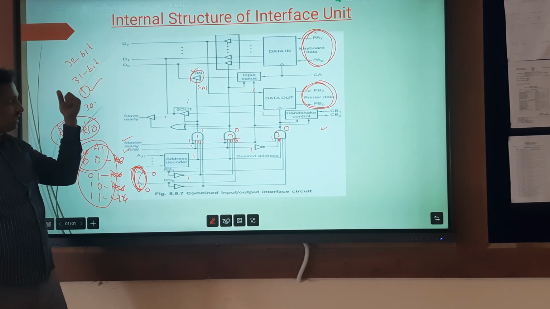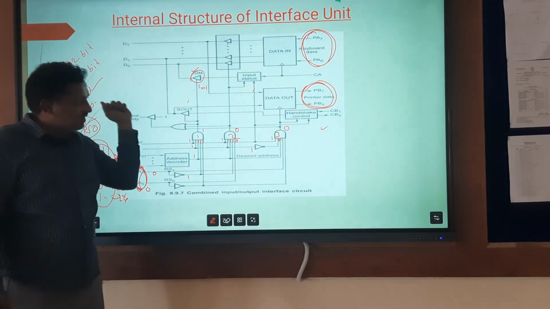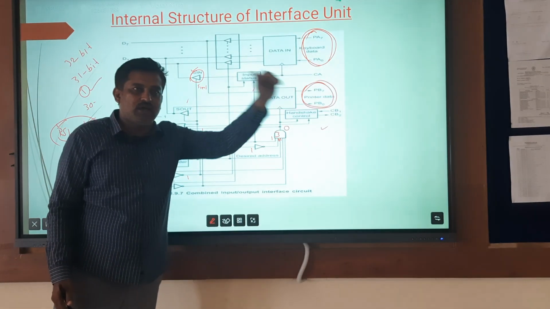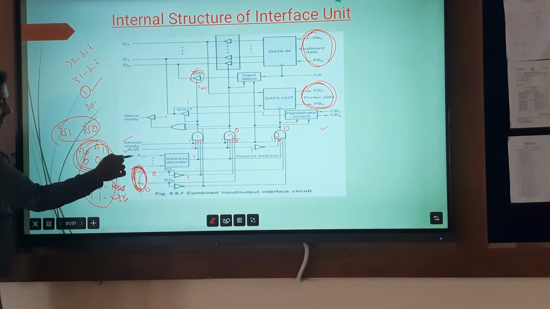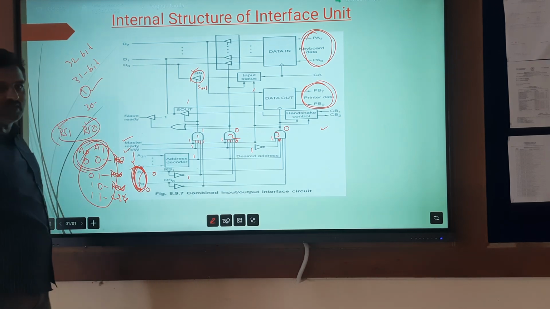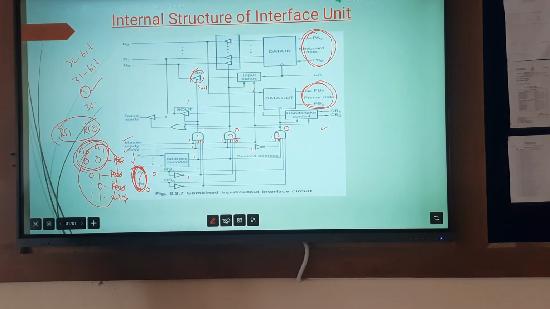But out of all the operations, depending upon these bits, it may read the status information, it may perform the data receive operation, it may check the status of output data, it may transfer the data to the printer. That will depend upon these two bits, A0 and A1. The remaining 30 bits are used for assigning the address. This is the way we discussed the internal structure of the parallel interface circuit.